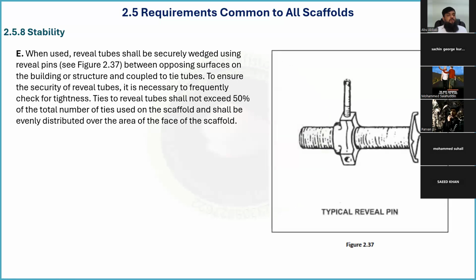When used, revel tube shall be securely wedged using revel pin, for the figure in the 2.37, between opposing surfaces on the building or structure and coupled to tie tube.